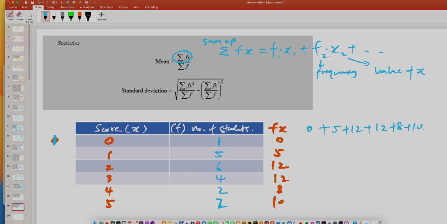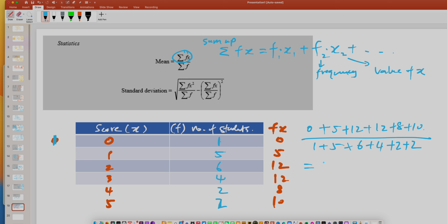So it means it's f1, f2, f3, and so on and so forth. So it's 1 plus 5 plus 6 plus 6 plus 4 plus 2 plus 2.